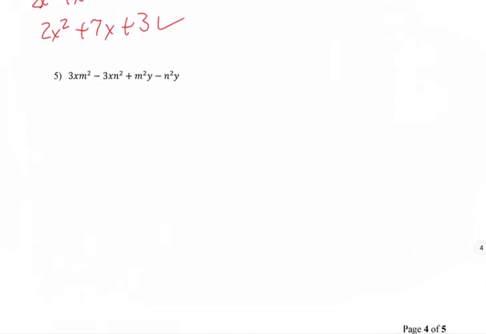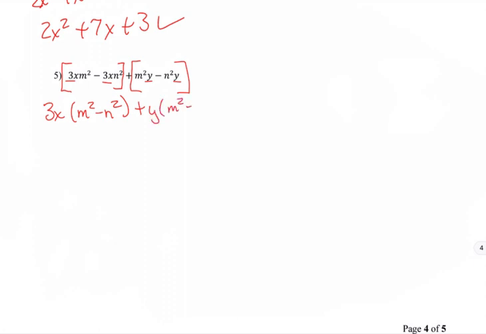And the next one is another factor by grouping. I'm going to group the first two terms together and the next two terms together. Out of the first two terms, I pull out the greatest common factor, which is 3x, and I'm left with m squared minus n squared. Then y, and I'm left with m squared minus n squared.